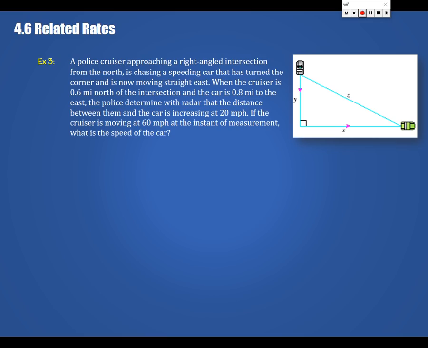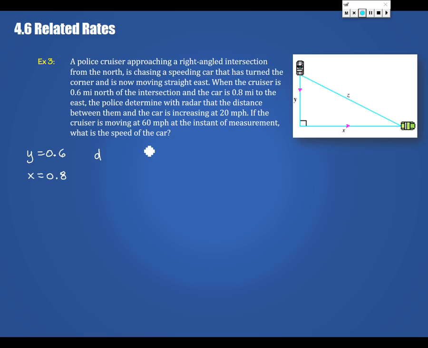Okay, so the cruiser, so this is y, I guess, is 0.6. X is 0.8. And what does it say between them? The distance between them and the car is increasing at 20 miles per hour.